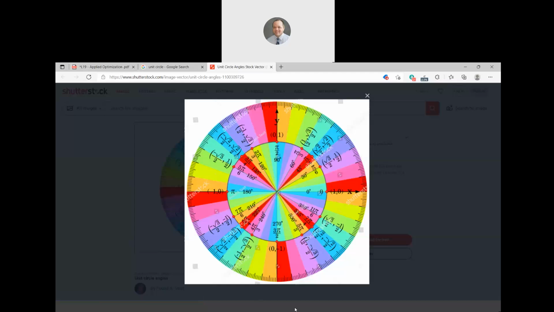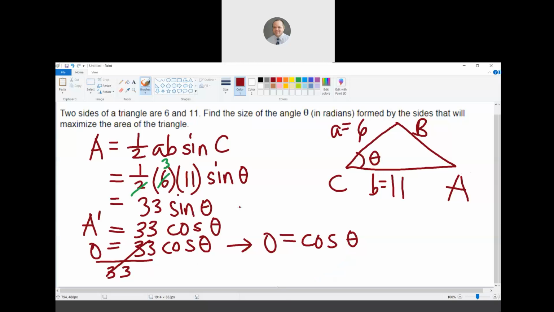So those are our two answers for theta. So theta would have to be pi over 2 and 3 pi over 2 in order to maximize the area of the triangle.